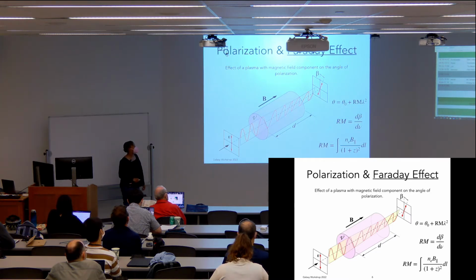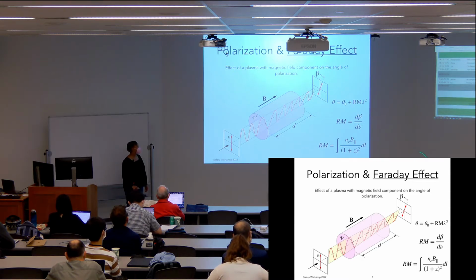The measure of that rotation is what we call the rotation measure. That can also be defined as an integrated quantity along the line of sight that takes into account the density of electrons, the magnitude of the magnetic field that's parallel to the direction of propagation, as well as redshift.